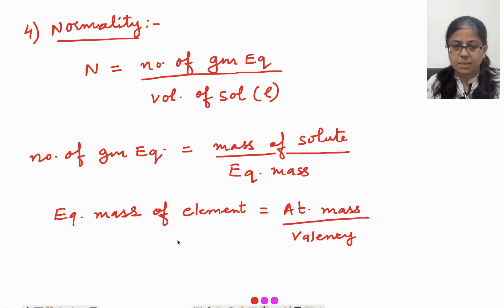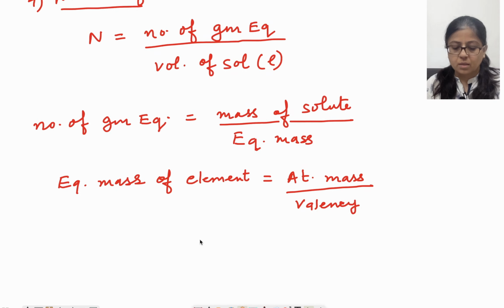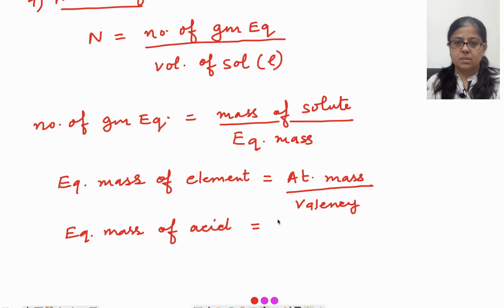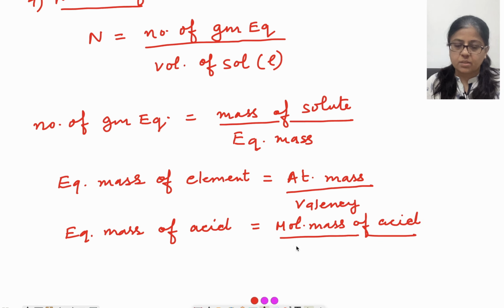Suppose we want to calculate the equivalent mass of an acid, then how will you calculate it? First of all, calculate the molecular mass of the acid and divide it with the basicity of the acid.